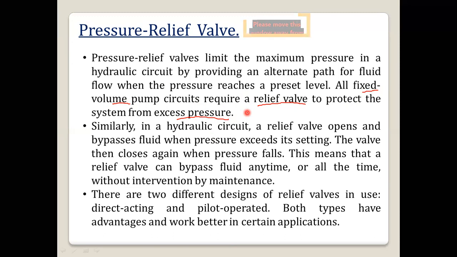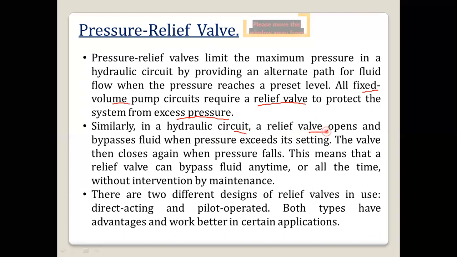For non-positive displacement pumps like centrifugal pumps, there is no need of a pressure relief valve, because in a positive displacement pump, the pump will be operating at the maximum pressure. Sometimes the pressure may reach up to 500 bars or 600 bars. In that case, the excess pressure can be released by using the pressure relief valve.